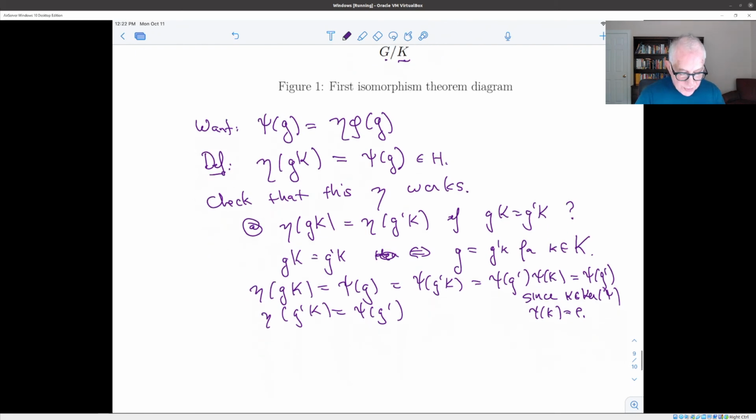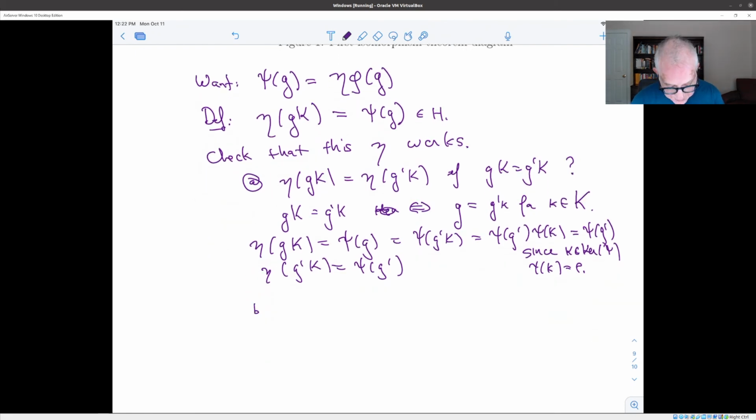Is it an isomorphism? Well, if it's going to be an isomorphism, it has to be a homomorphism, and it has to be bijective. So let's check to see if it's a homomorphism.